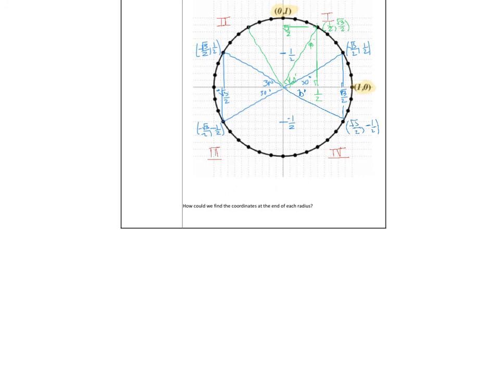So that guy right there in the second quadrant. So there's my 60-degree angle. Remember, these are all radius of 1. So this is negative 1/2 on the x. So my coordinate up here is going to be negative 1/2, positive √3/2. And then in the third quadrant, there's my right triangle.